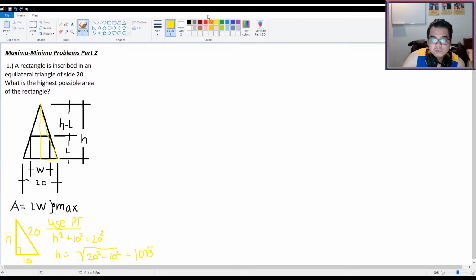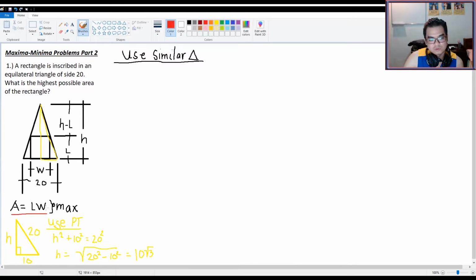Now, using ratio and proportion, or similar triangles. Because if we have to maximize the area, which is length times width, we have to express this equation in one variable only.